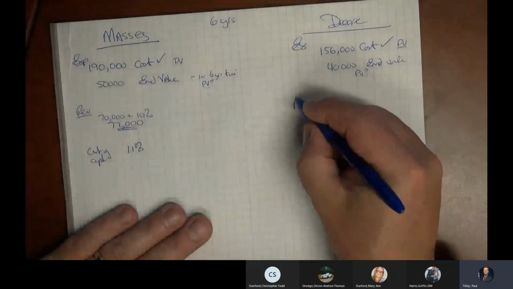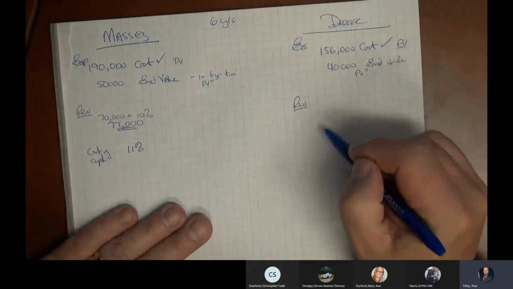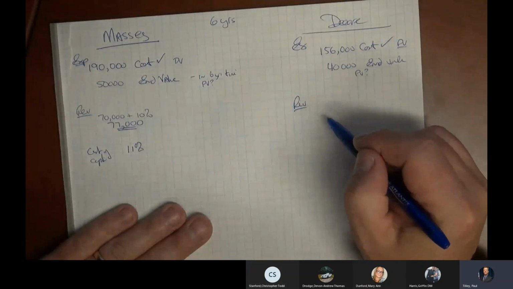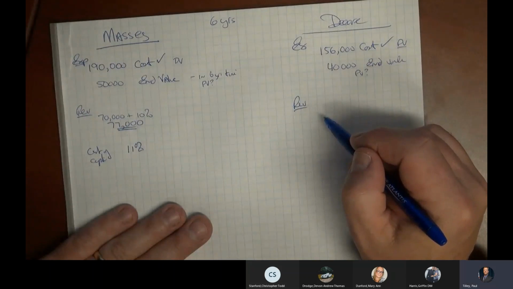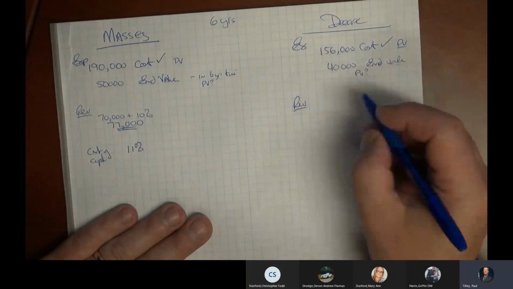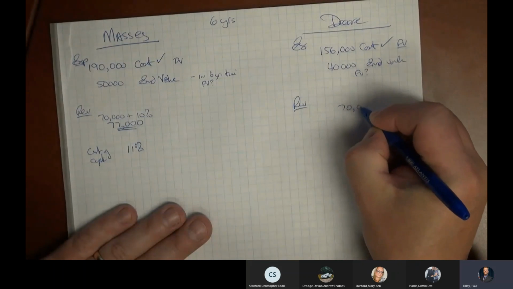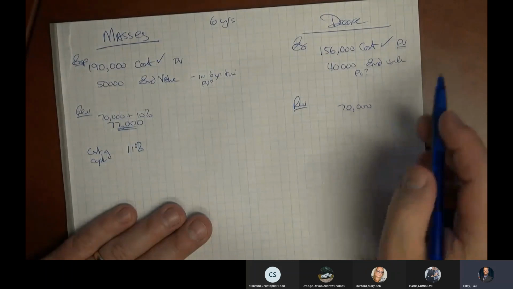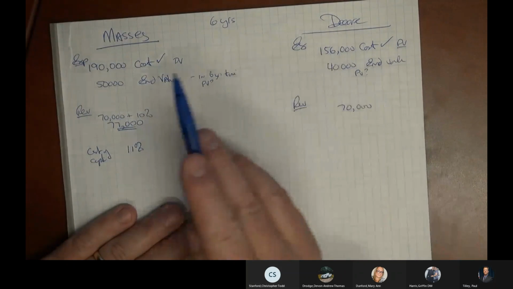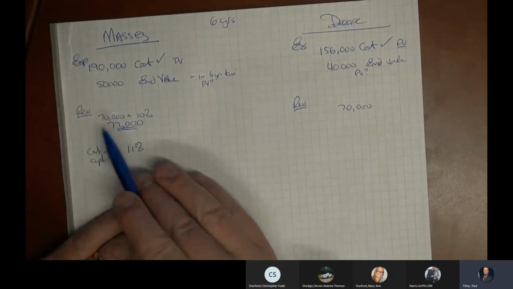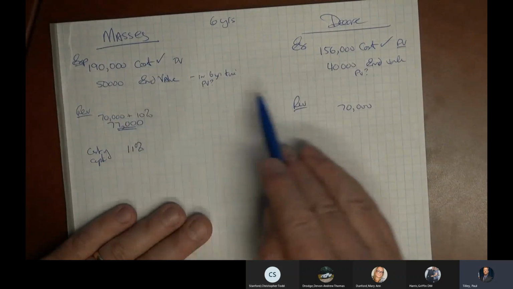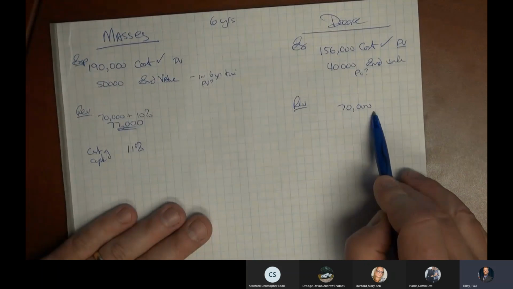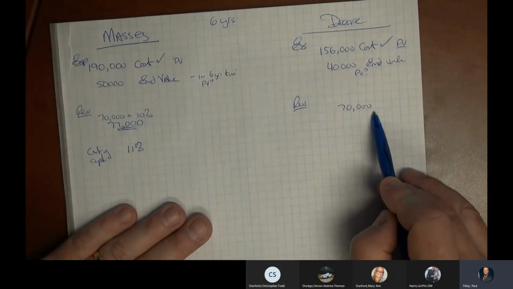In terms of the revenue for the Deere tractor, we're told that the Deere tractor, where it has a smaller blade, its revenue is $70,000 a year. So again, the revenue on the Massey is 10% higher. It's $77,000 a year, and the revenue on the Deere tractor is $70,000 a year.